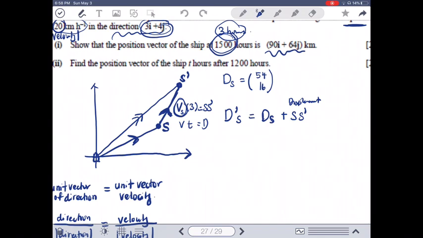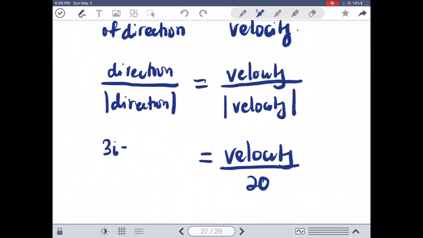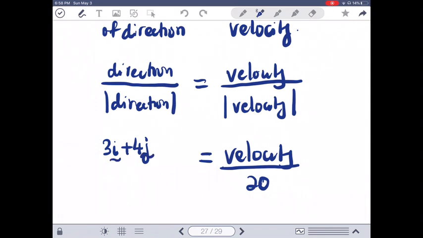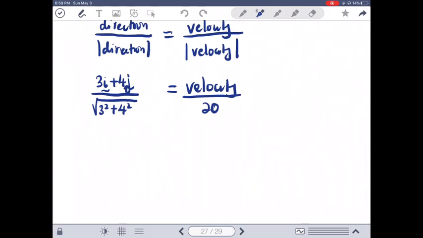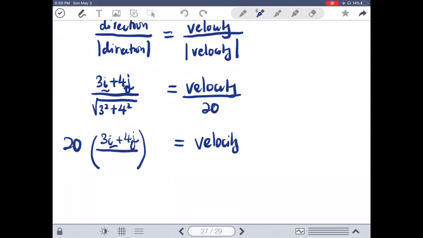The direction vector is 3i plus 4j, divided by its magnitude, which is the square root of 3 squared plus 4 squared, that is 5. So the velocity vector is just equal to 20 times the vector 3i plus 4j over 5.